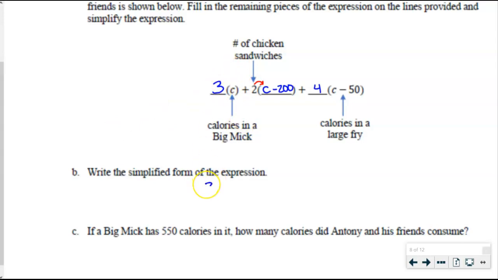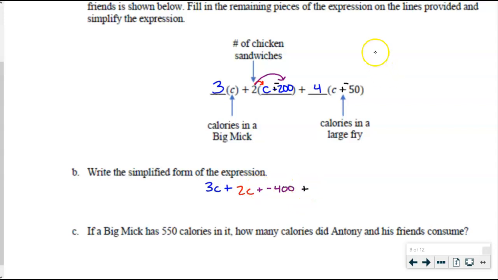3 groups of C is really just 3C. Plus 2 groups of C is 2C. I see this subtraction, so I'm going to change that to adding a negative, just like this over here. In addition to this 2 groups of C, I also have 2 groups of negative 200, which means I have negative 400.